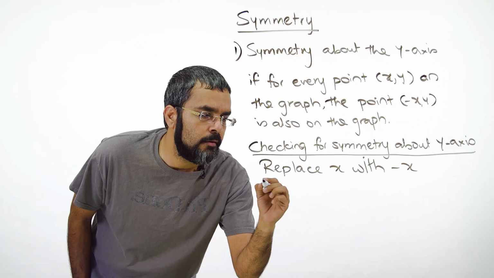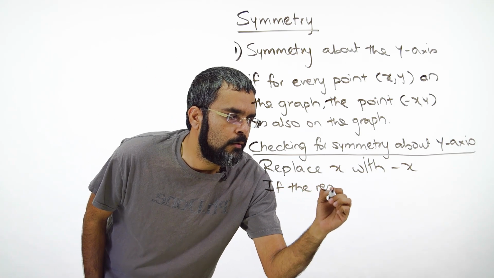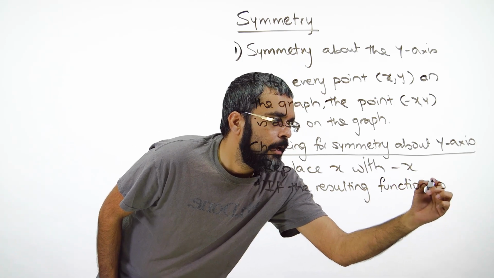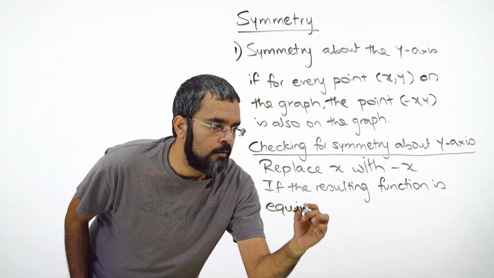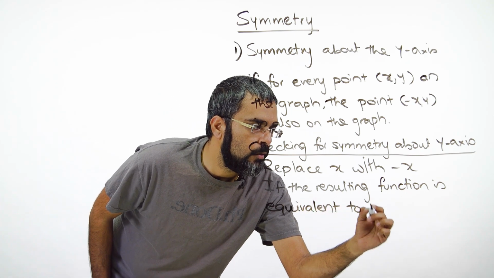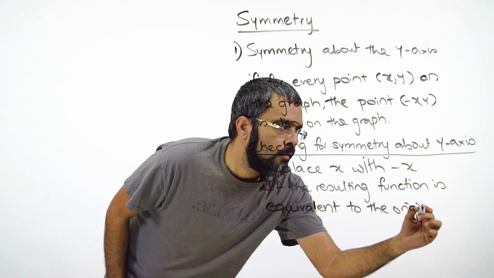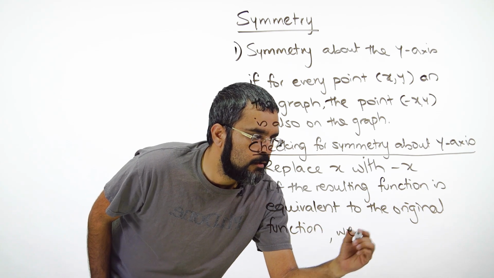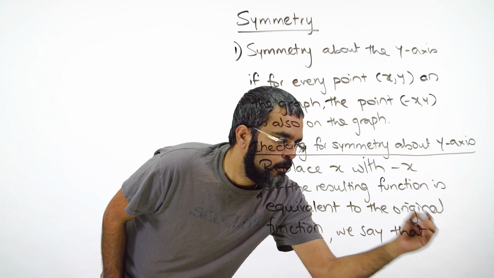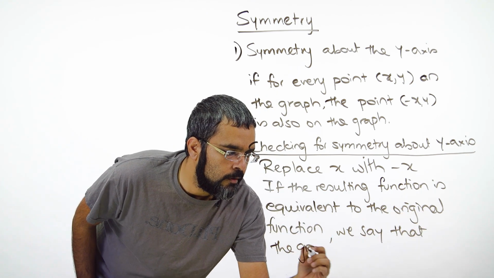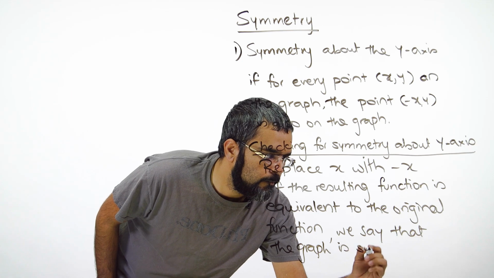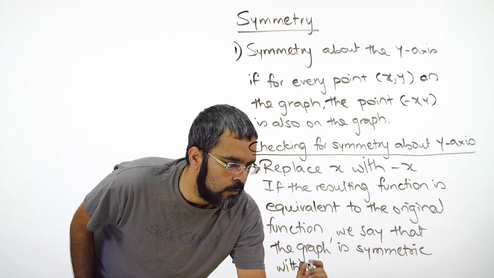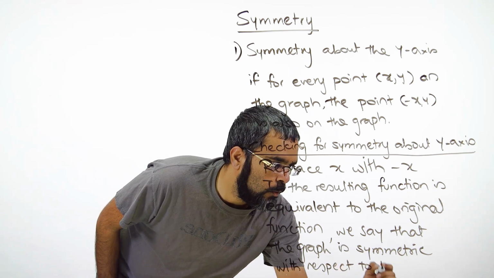If the resulting function is equivalent to the original function, we say that the graph is symmetric with respect to the y-axis.